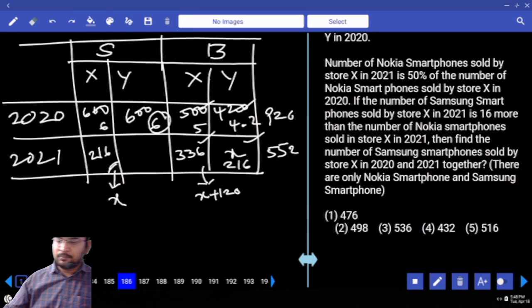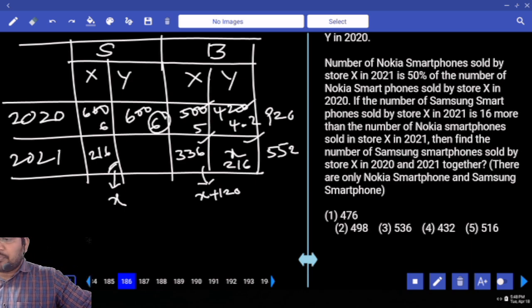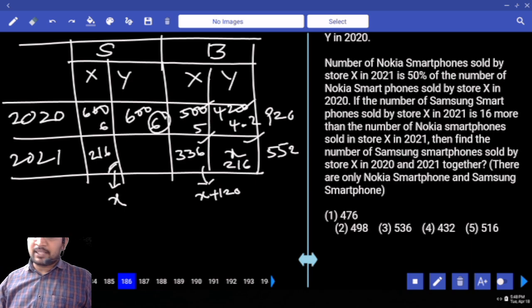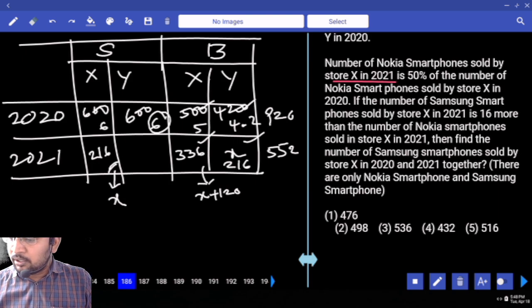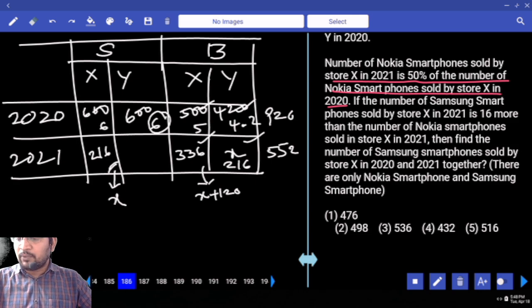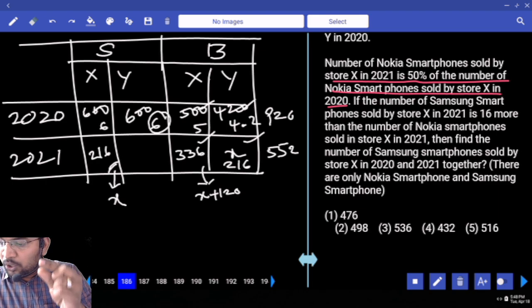See the next question. Number of Nokia smartphones sold by store X in 2021 is 50% more than the number of Nokia smartphones sold by store X in 2020. So 2020 Nokia smartphones we don't know, but 2021 Nokia smartphones are what? 50% more.